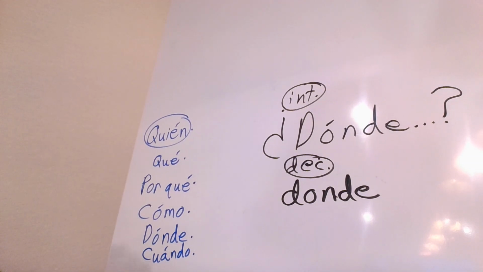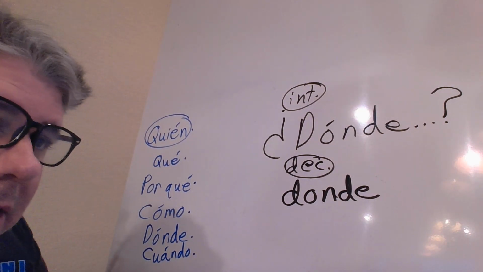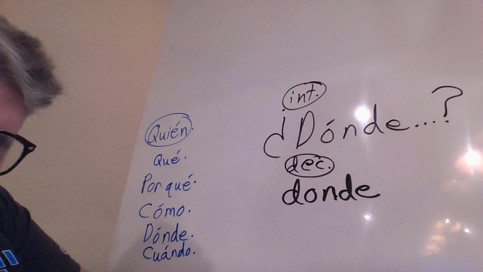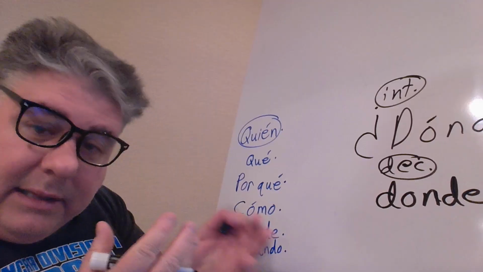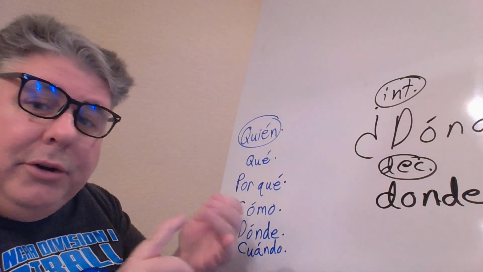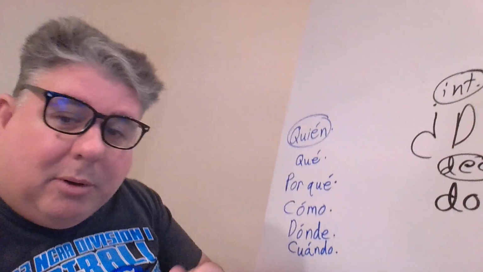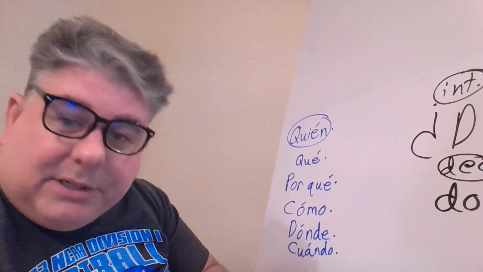And again, location words are also helpful because they often are affiliated with some form of estar. Not always, but in the ser estar dynamic, if you're using location, that's one of the key factors that might trend you over to the usage of estar.